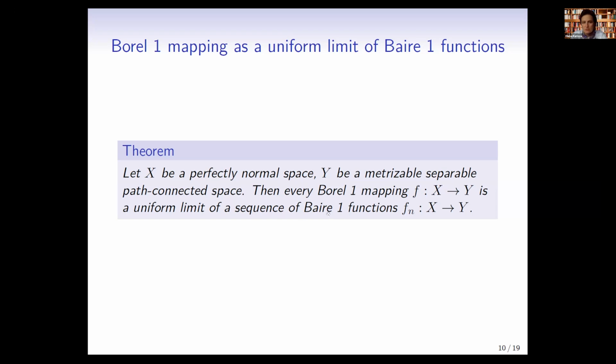Maybe in Kuratowski's monograph you can find proofs of similar results, but the most general is the following. If X is a perfectly normal space and Y is a metrizable separable path-connected space, then we can approximate every Borel-1 function by a uniform limit of Baire-1 functions.